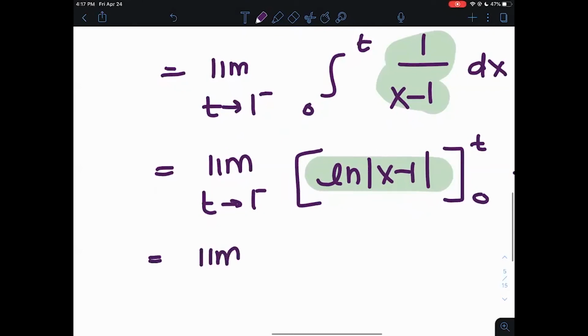When I evaluate this at t and at 0, I get the limit as t approaches positive 1 from the left of the natural log of t minus 1 minus the natural log of the absolute value of negative 1, so the natural log of 1, which is 0. So we just end up with this right here.